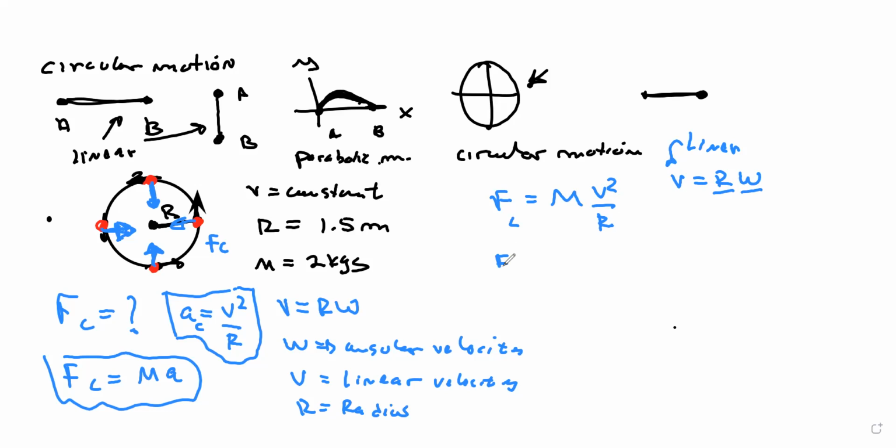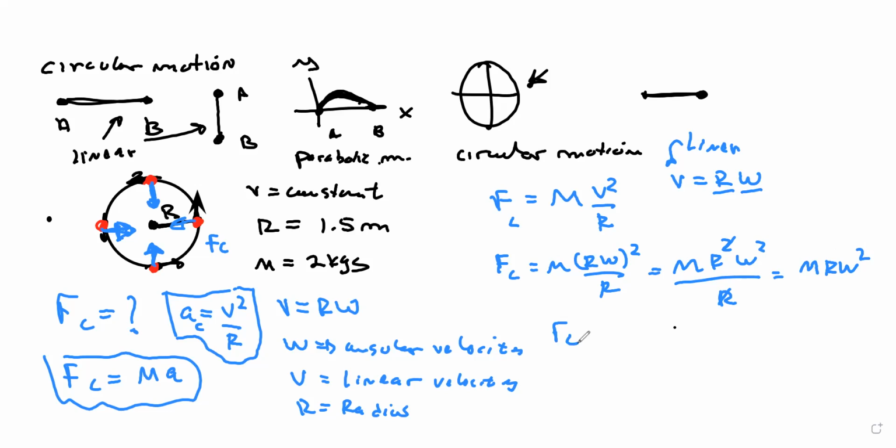Okay, so let's plug it in here. The centripetal force is going to be the mass times (r omega) squared divided by r. So that's the mass times r squared omega squared over r. So this r squared is going to cancel with the r in the bottom. So you got mass times r times omega squared.